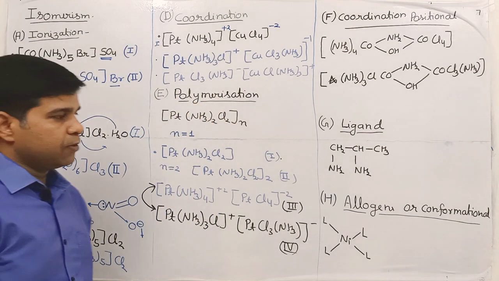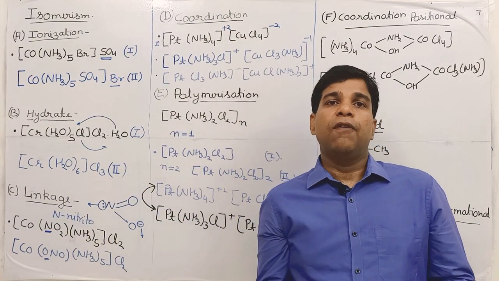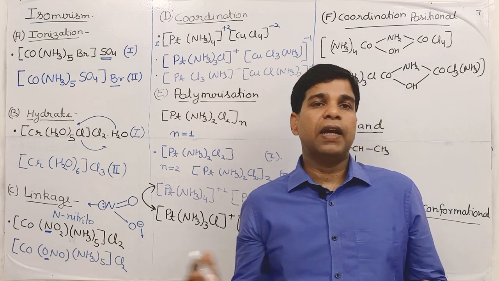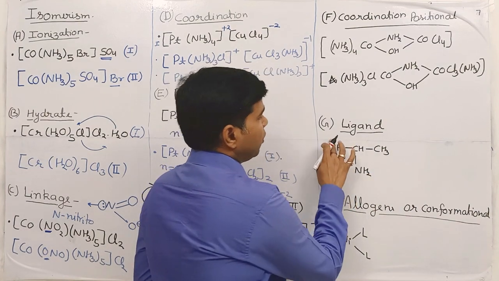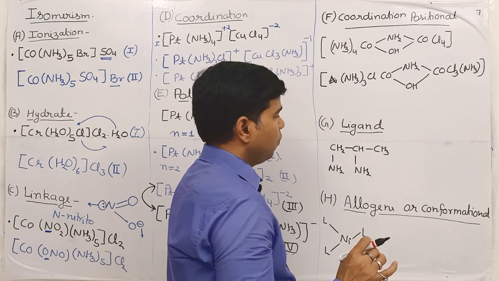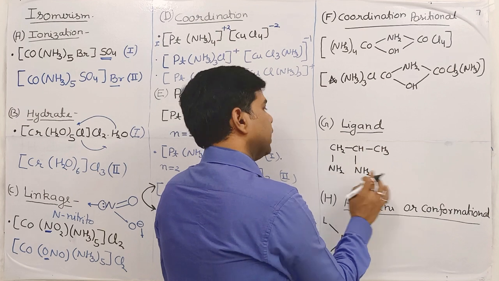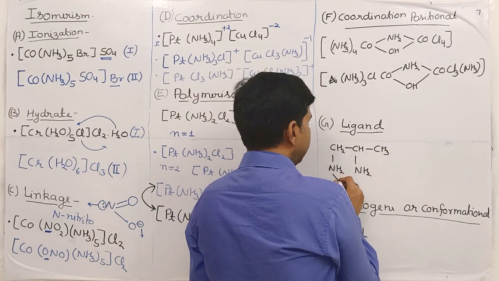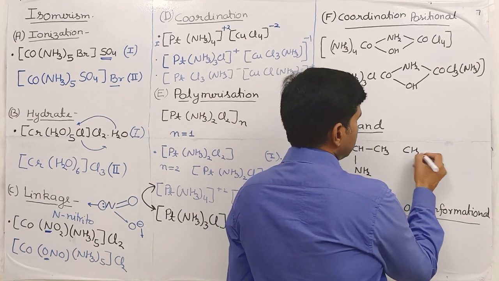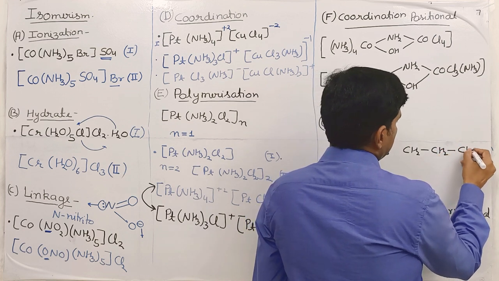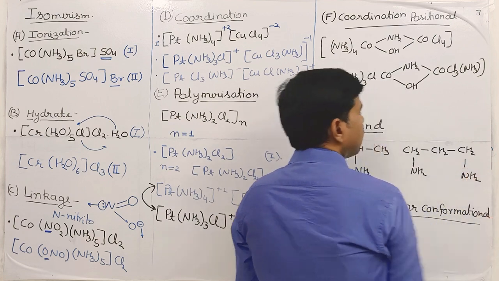Next we have the ligand isomerism. What is the ligand isomerism? This isomerism only arises when the ligand itself has isomerism. Like first this one, this is called the propane-1,2-diamine, and it is a bidentate ligand. But if I write CH2 CH2 CH2 NH2 NH2, this becomes propane-1,3-diamine.